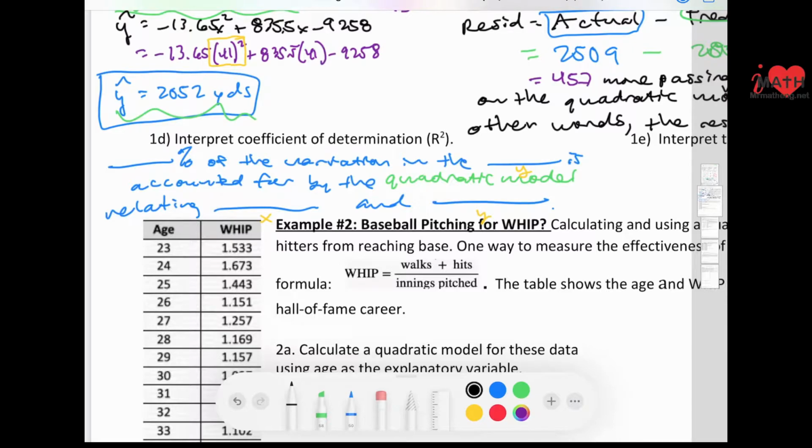Based off of the previous screen that we had for Brett Favre, it was 17.6% of the variation in the passing yards, that's my abbreviation, yards, accounted for by the quadratic model relating age and passing yards.